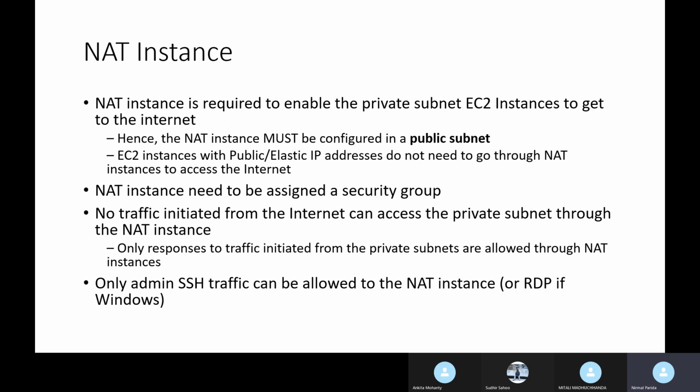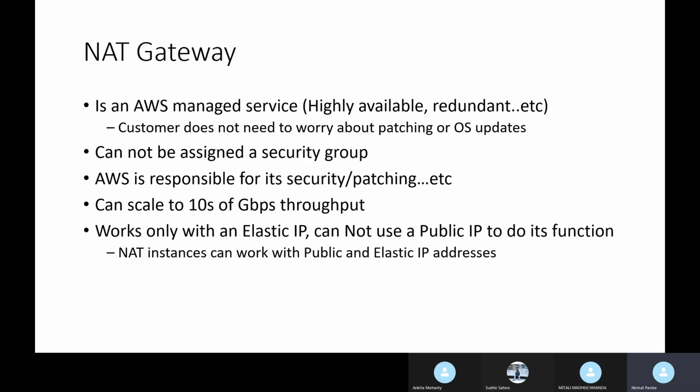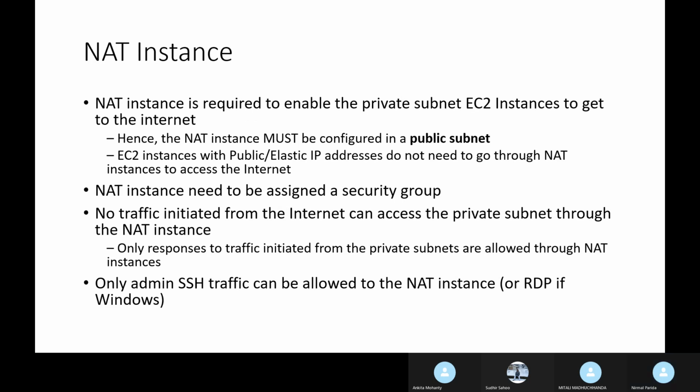For NAT instance, you are creating it and choosing the instance capacity, this amount of CPU, this amount of RAM I need. But NAT gateway is different, though those operations are the same.